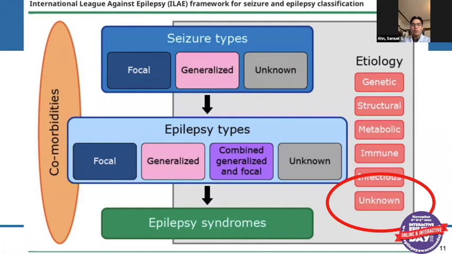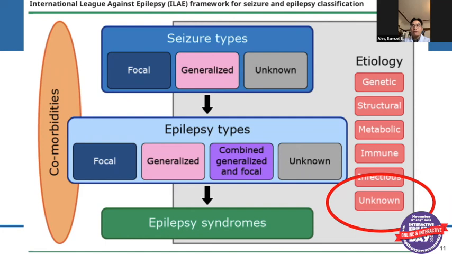Being able to seek the appropriate medical care and attention to evaluate and undergo a workup for these infectious etiologies is quite important. Still, despite our efforts, there are unknown causes for epilepsy. This may be a consequence of the resources that are available to a patient or a provider.